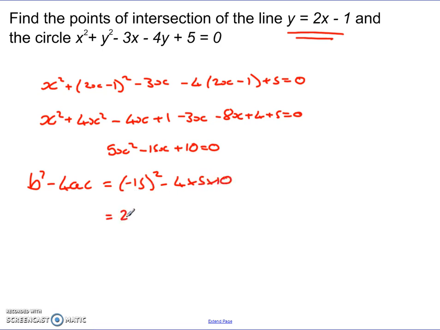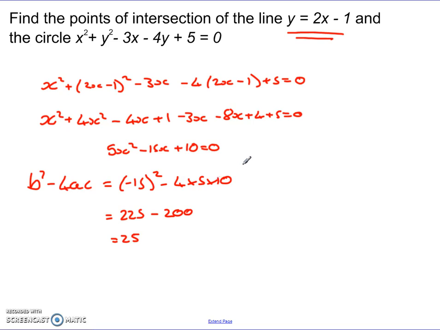Negative 15 squared is 225, take away, well, 4 5s are 20, times it by 10 is 200, and I get 25. So I get a positive value for my determinant, which means that I get 2 points of intersection of the line with the circle.